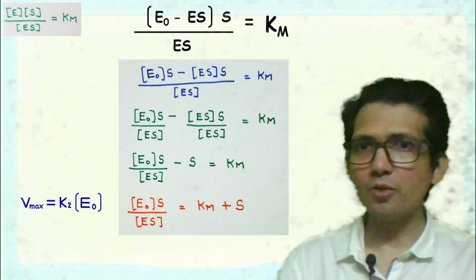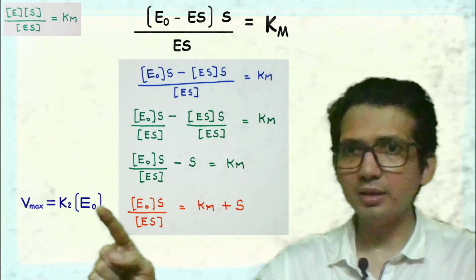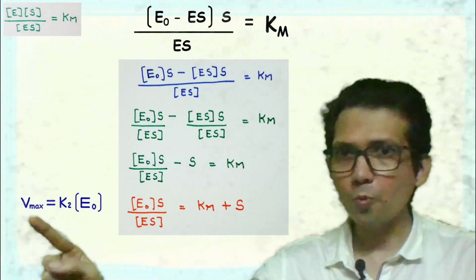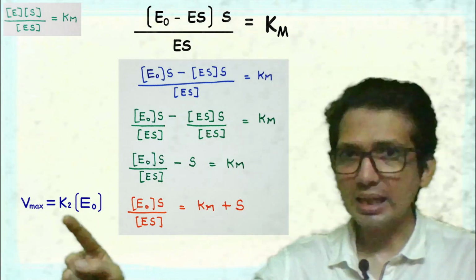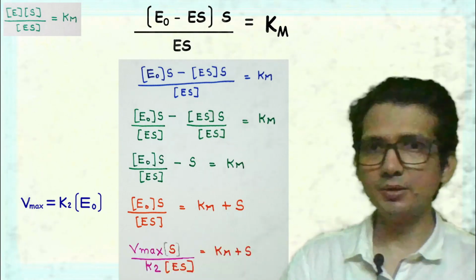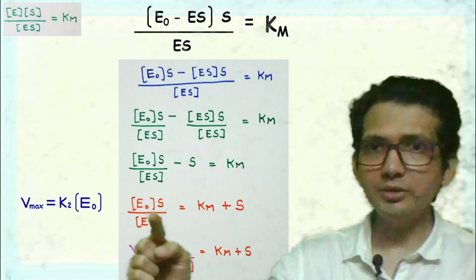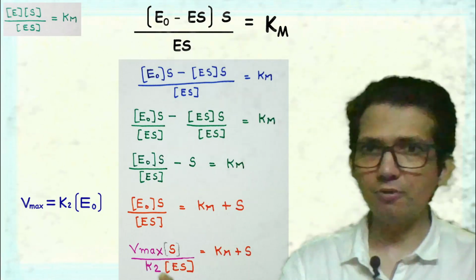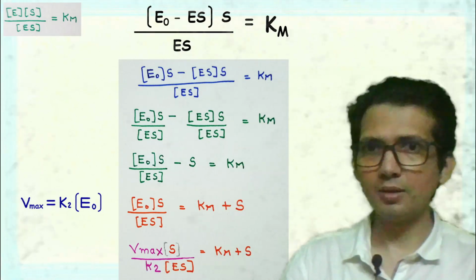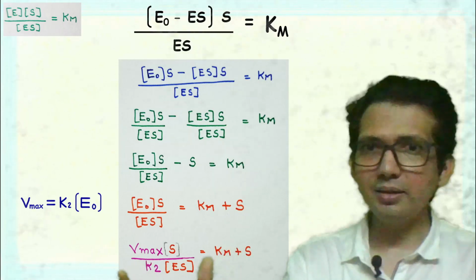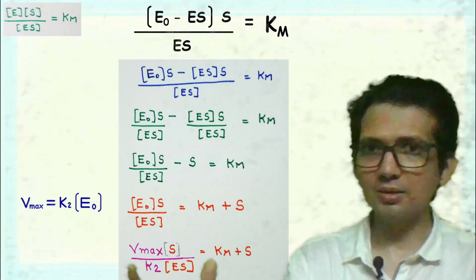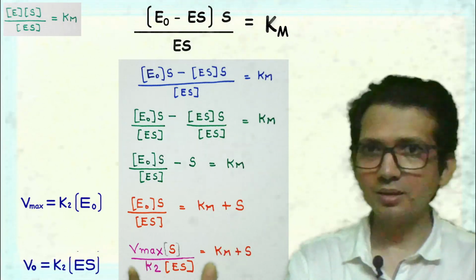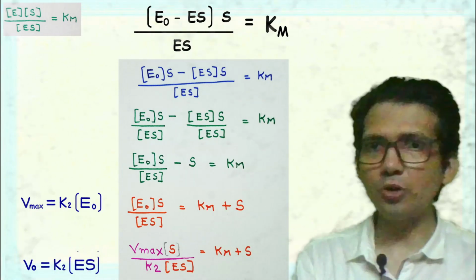Your E0 can be written as the ratio of Vmax divided by K2. So this E0 over here is written as Vmax divided by K2. However, if you see this part of the reaction, this product will form V0.